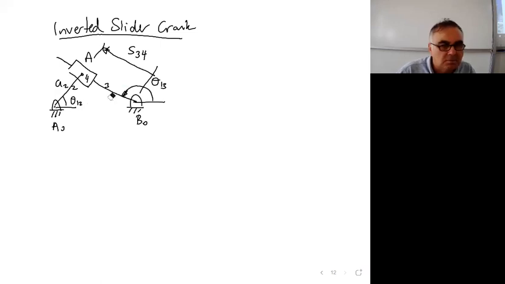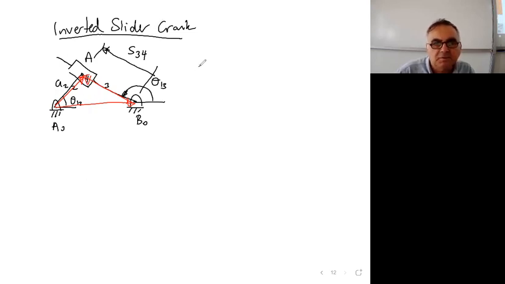Theta 1, 3 is yes. So the loop closure equation is a simple one here. Let me draw it here. It's a very simple triangle.